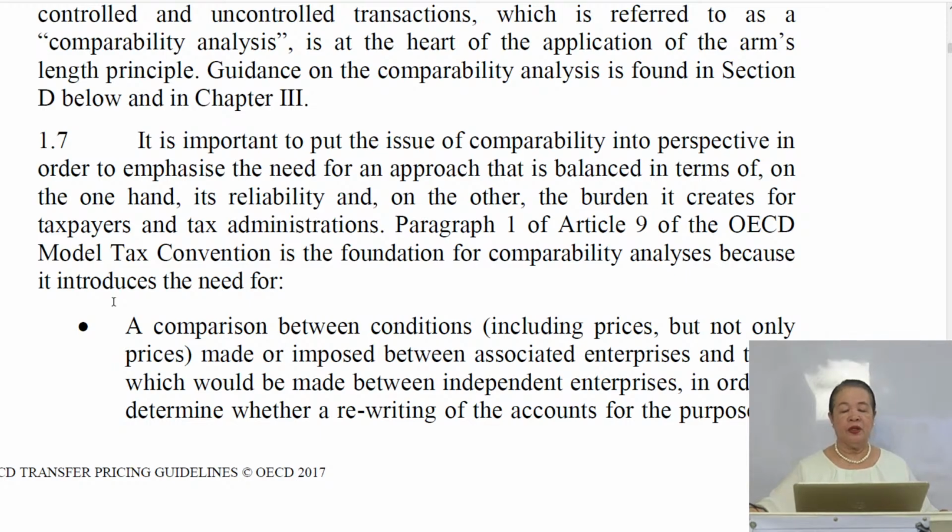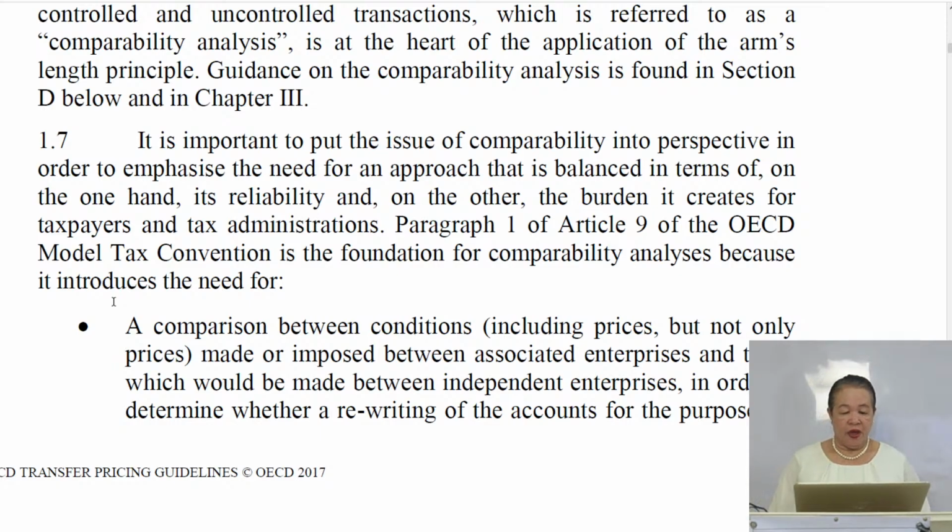So paragraph 1 of Article 9 of the OECD Model Tax Convention is the foundation for comparability analysis because it introduces the need for, what is the need? Why is it that the arm's length principle should be adopted? The need for a comparison.